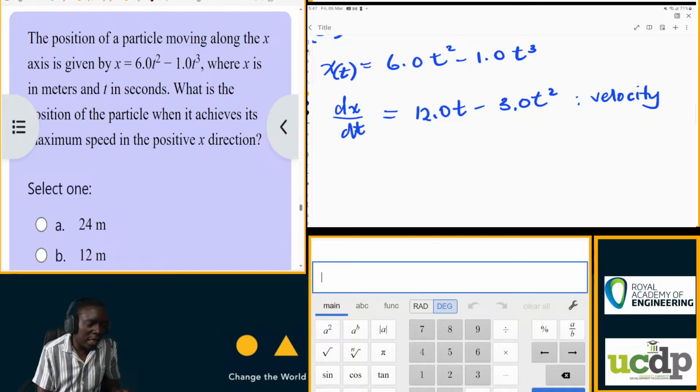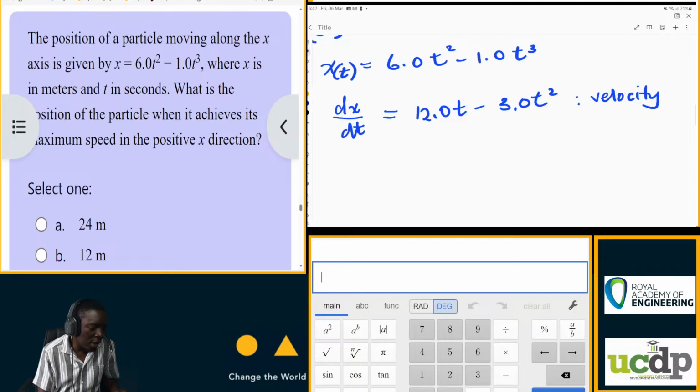If we have velocity like this, it means the velocity with respect to time is given by 12t minus 3t squared, meaning if t is 1, you've got 12 minus 3, which is 9 meters per second. If t is 2, you have 12 times 2 minus 3 times 2 squared, so that will be 24 minus 12.